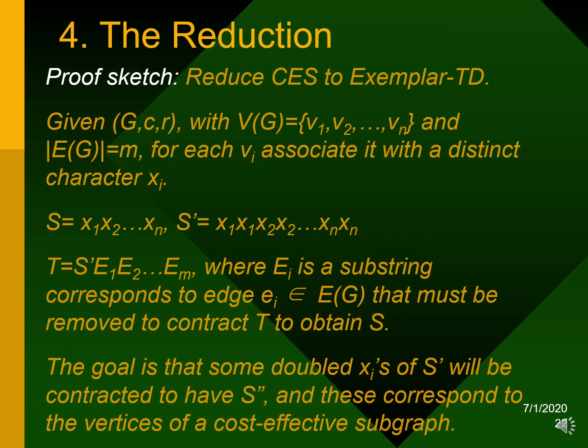And S prime is to simply duplicate each of the xi: x1 x1, x2 x2, ..., xn xn. Okay. So T is constructed as S prime, e1, e2, ..., eM, where each ei is a substring corresponding to the edge ei.